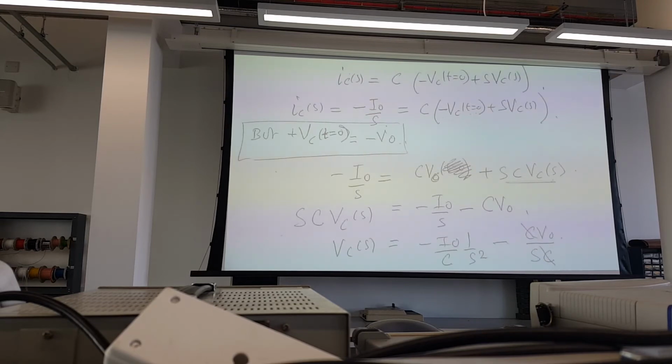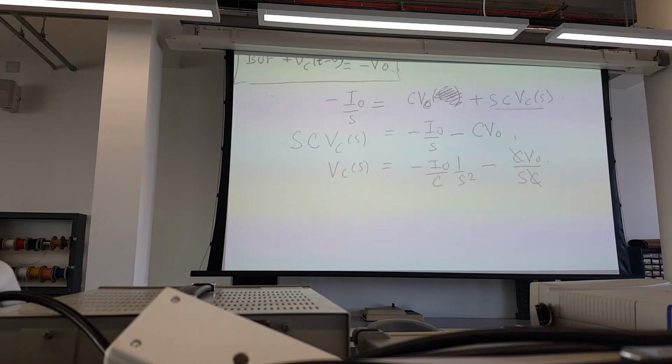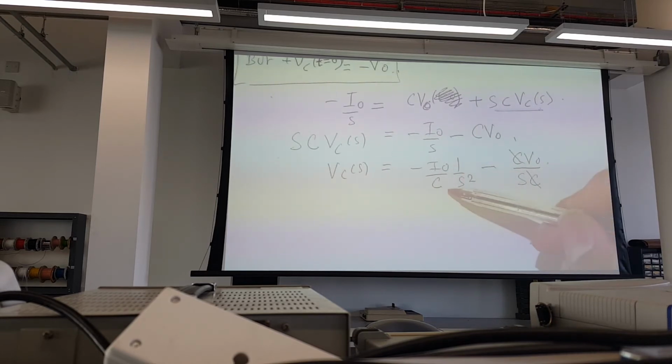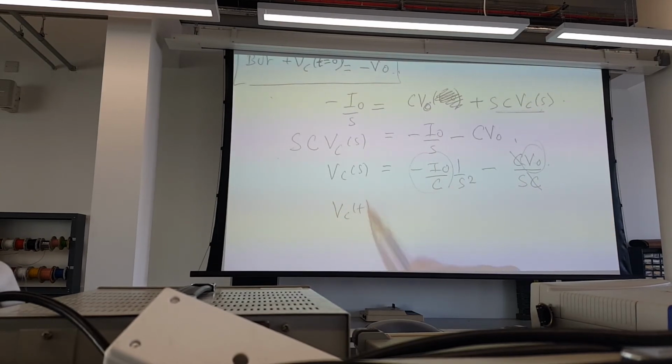That goes with that. And now I do the inverse Laplace transform. Don't forget, this is a constant. The V naught is a constant. The I naught over C is a constant. So you get VC of t, the inverse Laplace transform, is minus I naught over C times t minus V naught.